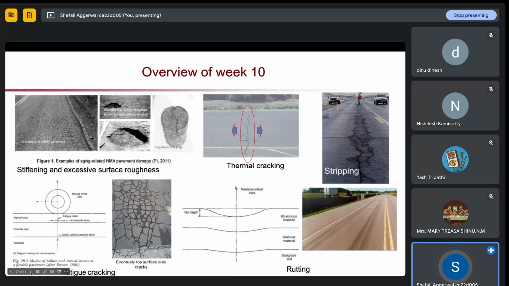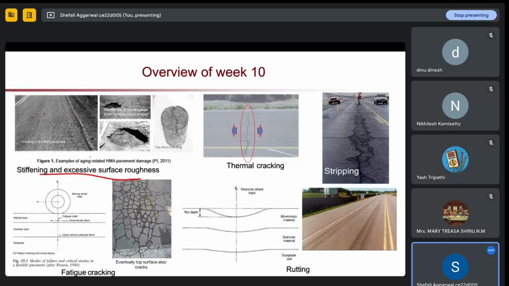So the next thing, as we were talking about in the last slide, is the different failure mechanisms in our asphalt concrete pavements. The first type of damage is stiffening and excessive surface roughness. Why is this happening? Mainly because of aging.